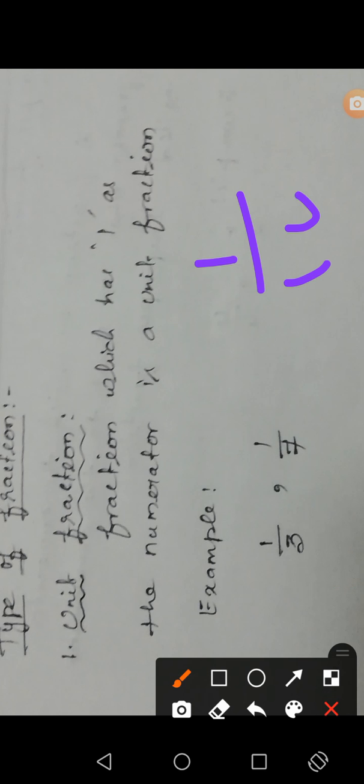Unit fraction means a fraction which has 1 as the numerator. In the fraction structure we write, the numerator part is definitely 1, and the denominator can differ. The numerator should always be only one, and the denominator can be anything. So this structure we call a unit fraction, okay?